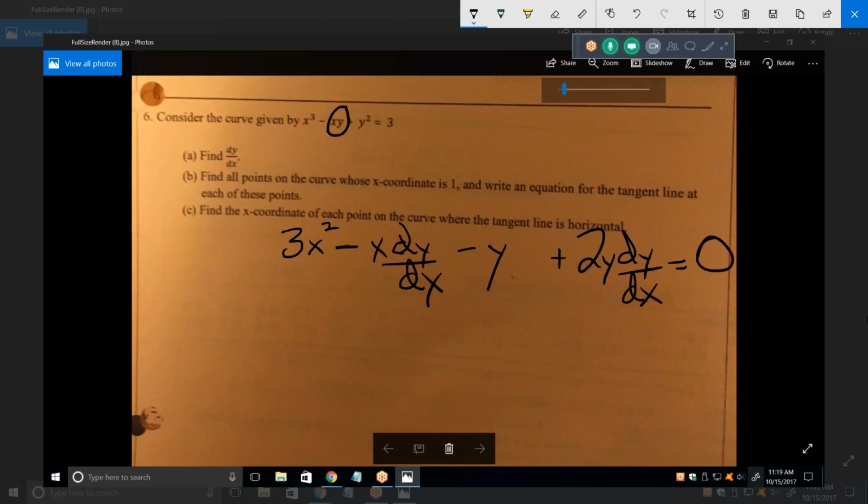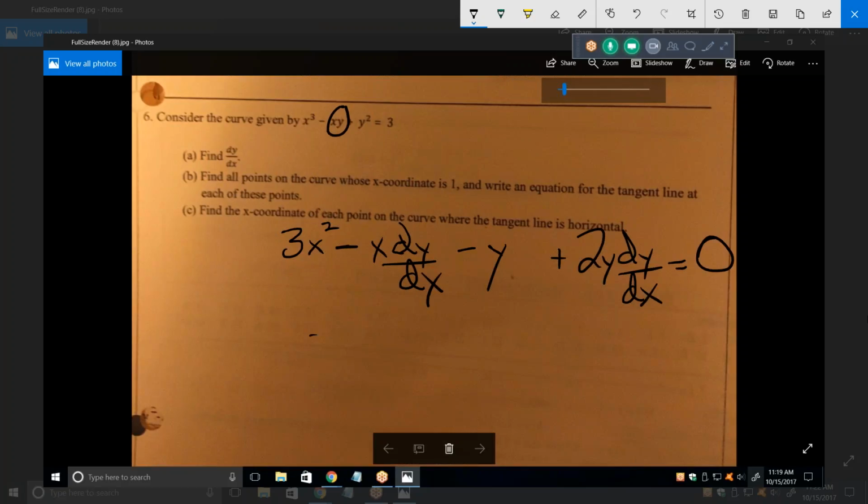Now, conceptually, what is the next step? Subtracting 3x squared. When I say conceptually, I mean we're going to gather every term that has a dy dx in it, put it on one side of the equation, and put everything else on the other. That's exactly what I was doing.